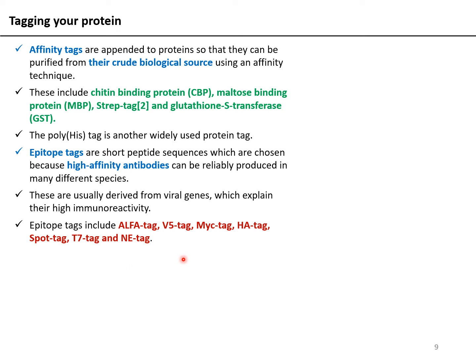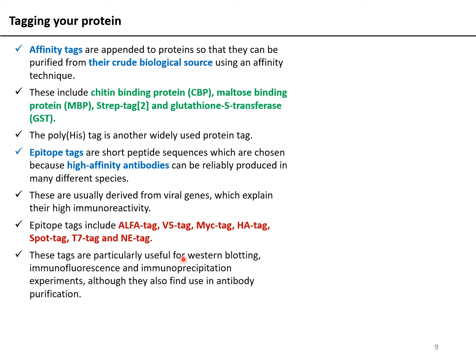It also includes the flag tag, but it is not mentioned over here. These tags are also very useful for Western blotting, immunofluorescence, and immunoprecipitation experiments. If you go back to a couple of lectures where we discussed immunoprecipitation, we discussed that in immunoprecipitation, you exploit the interaction between an antibody and its specific antigen to isolate that particular protein from solution.